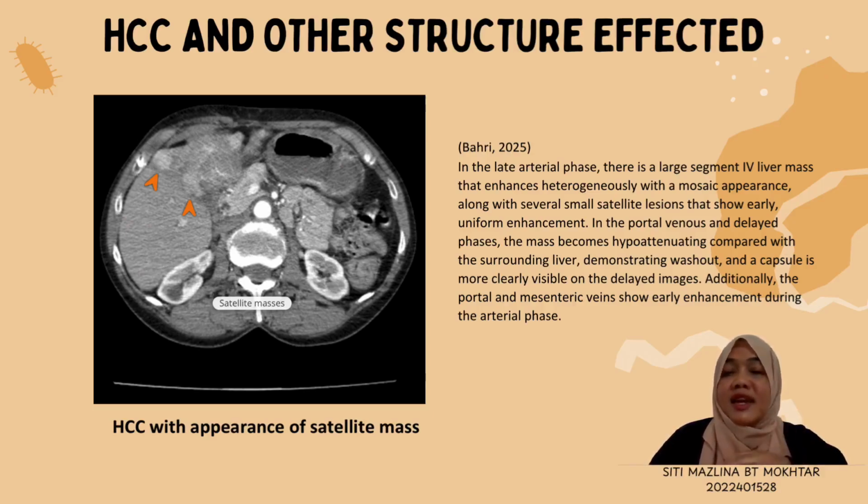These are called satellite lesions and they show early enhancement. This means the cancer has started to spread locally within the liver. When we look at the portovenous or delayed phase, the main tumor becomes darker than the surrounding liver. It's called washout, which is a classic sign of HCC. So the tumor capsule becomes clear in the delayed phase.